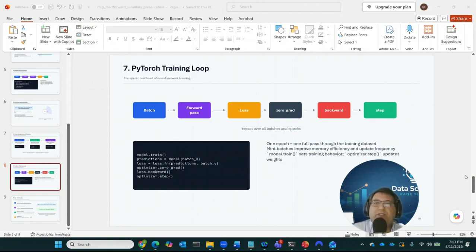When we have processed the complete training dataset once, we have completed one epoch. If we train for 50 epochs, the network goes through the training dataset 50 times, usually seeing the samples in different shuffled batches. Why do we use mini-batches rather than processing the entire dataset at once? One reason is memory.